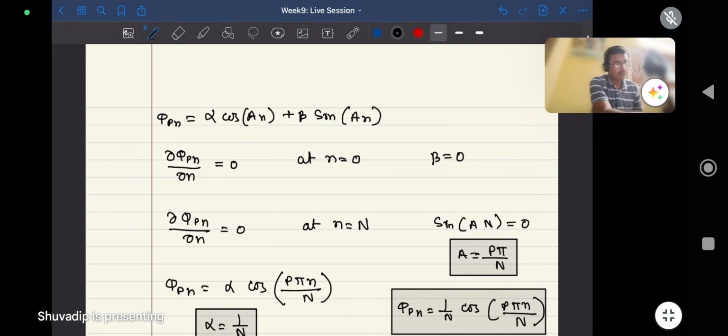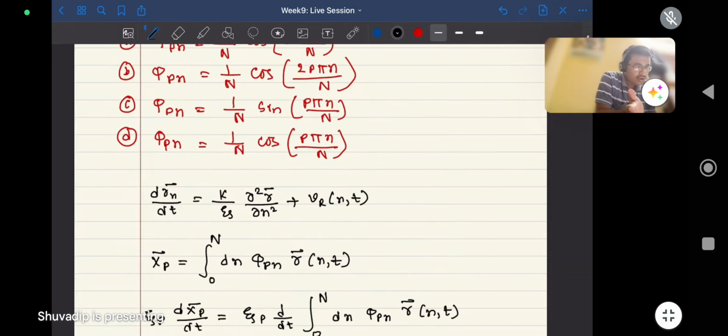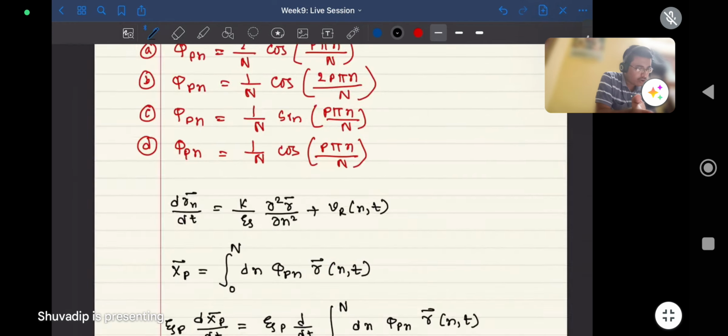Let me repeat once more what we have done here. We got this equation from the bead-spring model using our idea of writing the Brownian dynamics of a particle. From that we defined a new variable xp, which is a transform variable of r, and the basis function for the transformation is phi p(n). We need to find out the basis function used in the Rouse model.